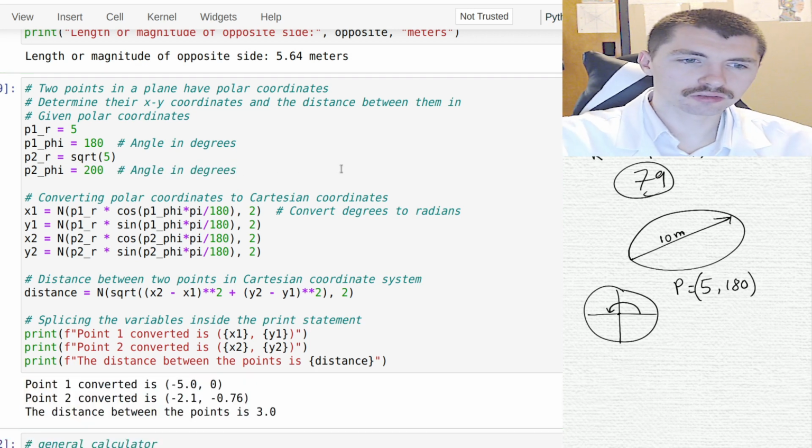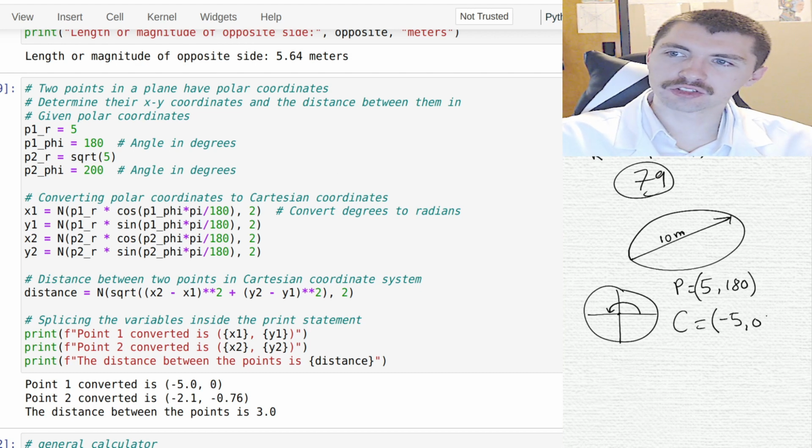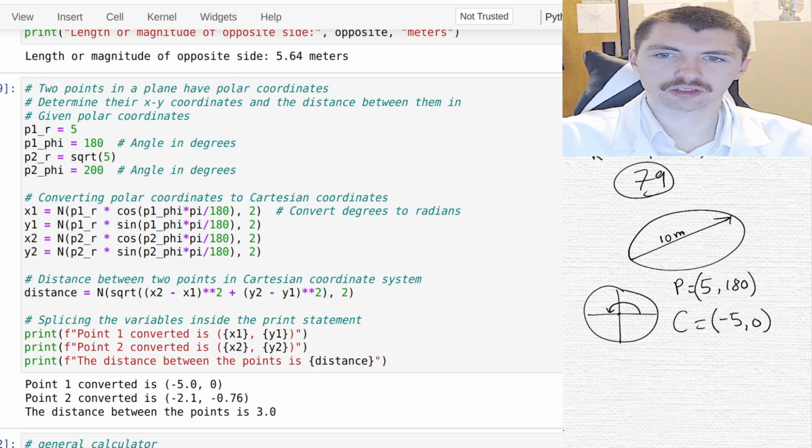Okay, so Cartesian coordinates is -5, 0, which makes sense.